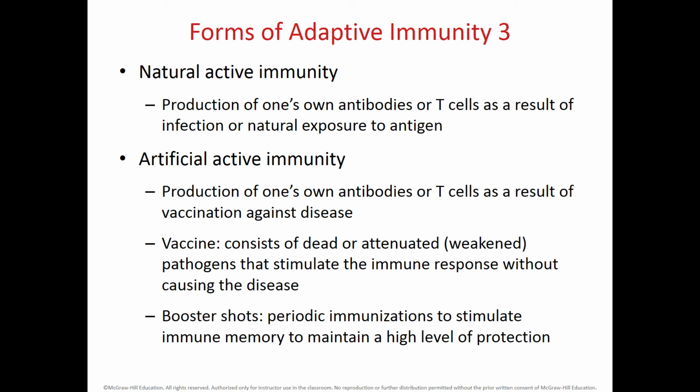An antigen from a pathogen will never cause you an infection, similarly for a dead pathogen. You will never get the infection. With attenuated, you might, if you have a very weak immune system. And then in artificial active immunity, you have to have booster shots, because having only one shot is not enough to stimulate your immune memory.